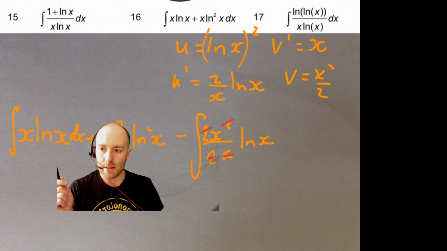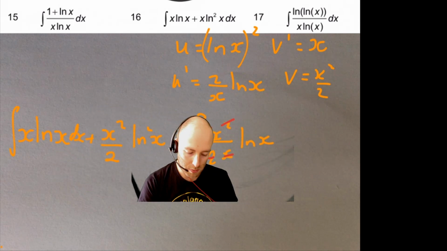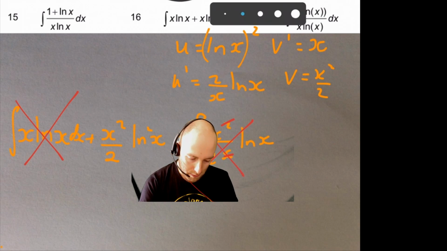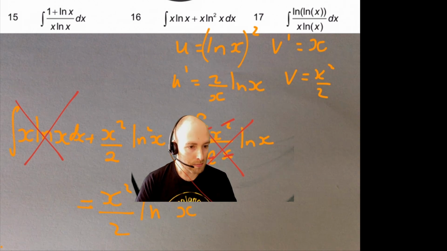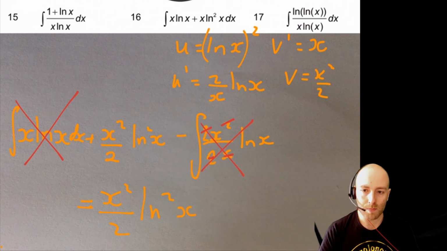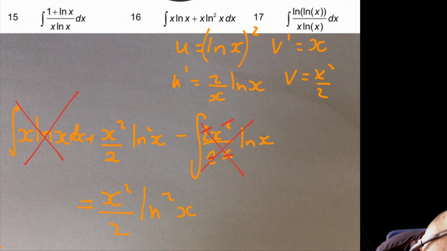So you've got this, plus this, take away this. Now this is the same as this. So we've got plus 1 integral, take away the same thing. They're going to cancel, leaving us with x squared over 2 ln squared x. Cool, which you probably wouldn't spot unless you'd done it before. But yeah, there you go.